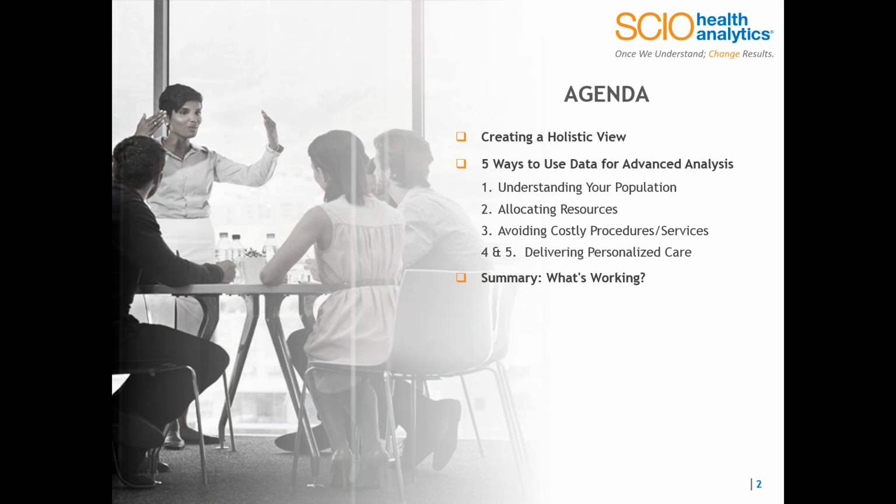We know resources are something that is scarce, and we need to make sure that we're utilizing our resources in the most appropriate way. Avoiding costly procedures and services, and delivering, we've got both 4 and 5 in delivering personalized care. We have a couple examples within that area. Some of the things that we're doing here at SCIO around delivering personalized care and analytics that support that.